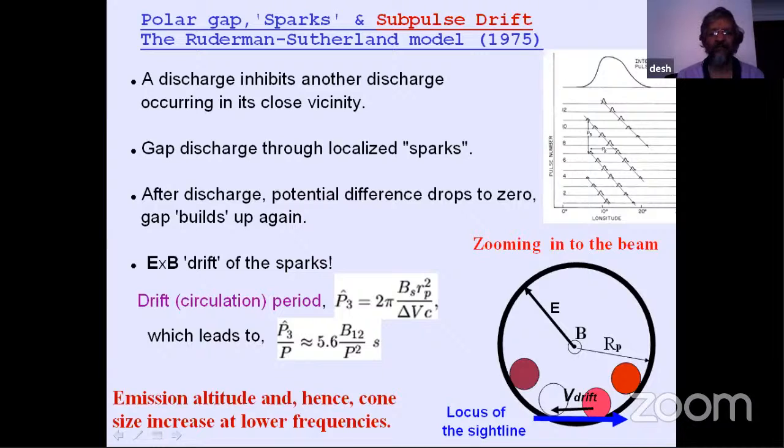And you might get enough data on enough pulsars. Such data might be available if you look carefully, and you can begin to ask the question: is this model of E cross B drift able to explain this? And does it require any specific radius at which these sparks are preferentially generated, and so on.